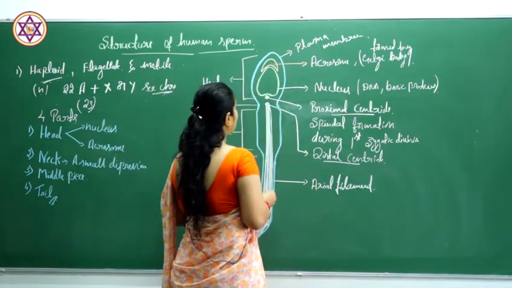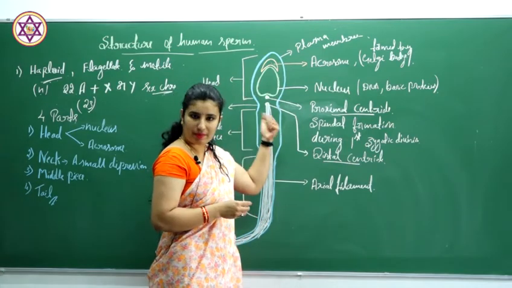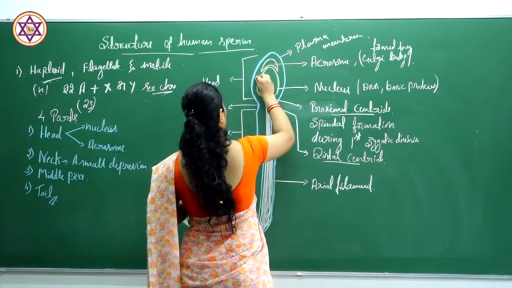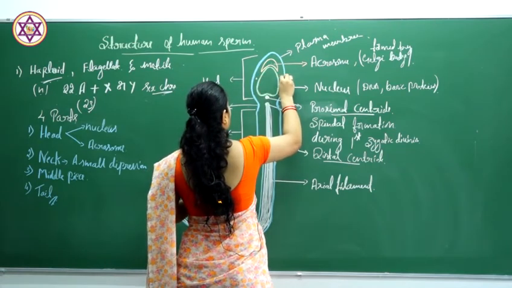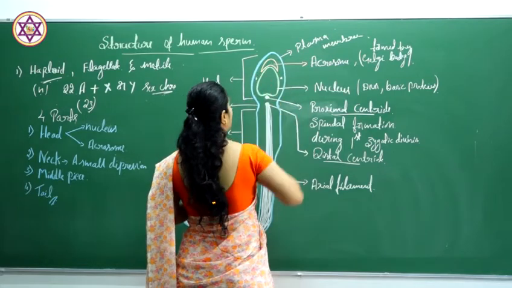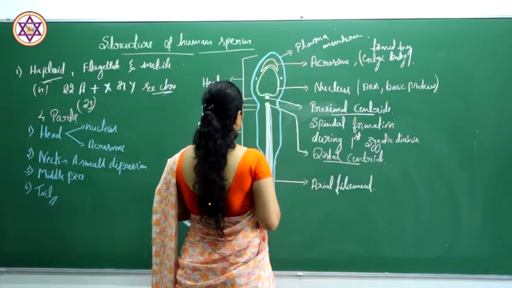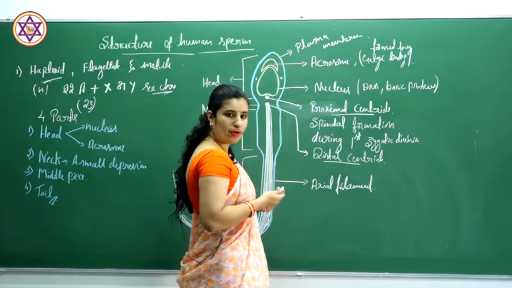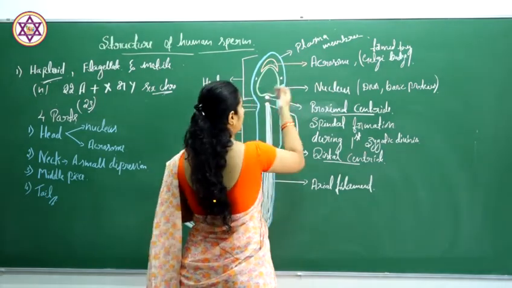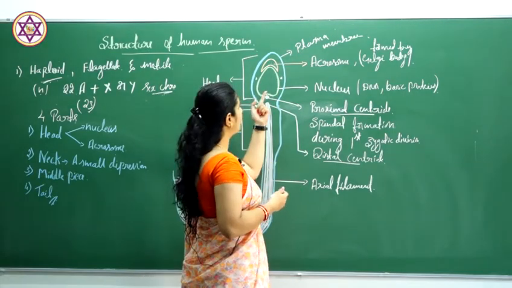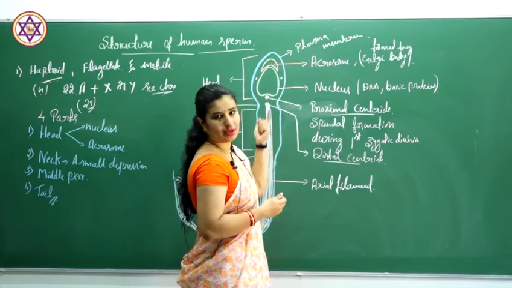Okay, so here we have another important membrane or sheath. There is a membrane which is present off of the acrosome region, or off of the nucleus region.